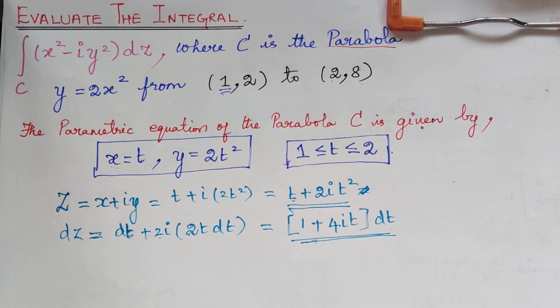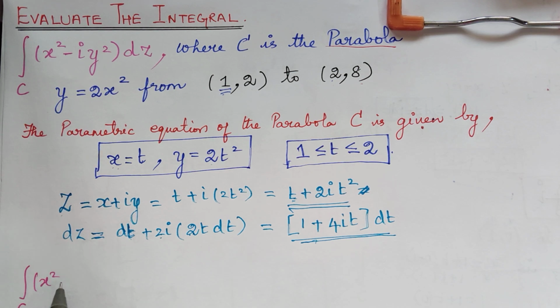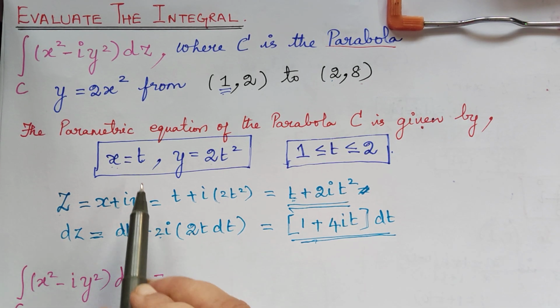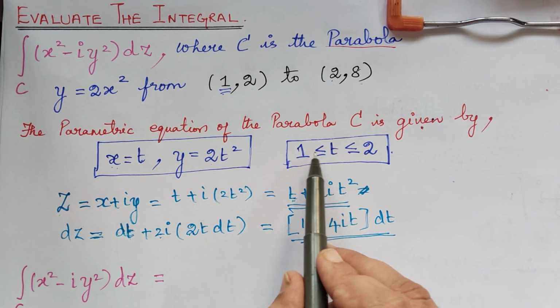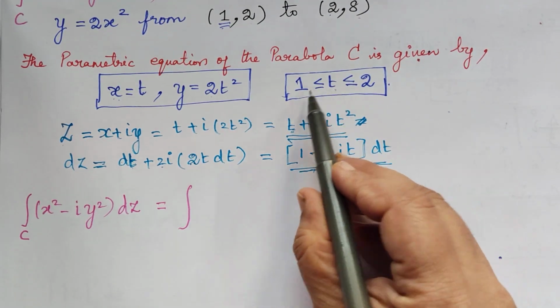Now we shall evaluate the required integral, that is the integral over C of x square minus i y square dz. Now we have changed it into the parameter t, so the integral limit is 1 to 2.